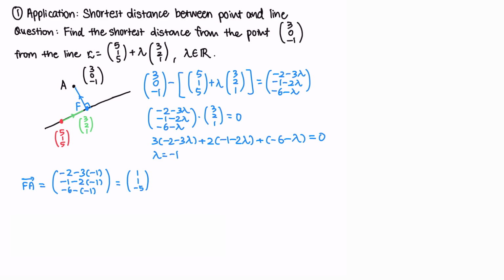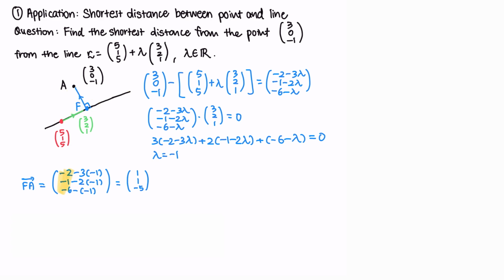Now remember our question was to find the shortest distance, so what we want to find is this distance FA. It doesn't matter if we find vector FA or vector AF, because what we're trying to do is find the length of this vector, which will be the same even if it's AF or FA. So we just substitute lambda into this general vector up here, because we know that when lambda equals negative 1, this is referring to this vector over here.